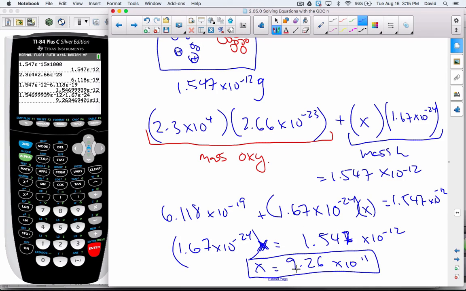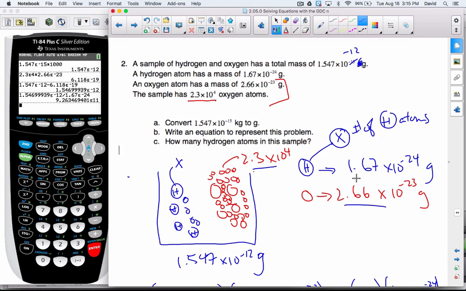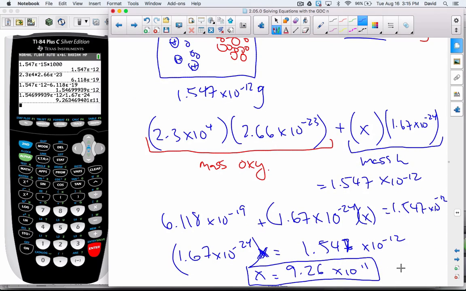So there's like 9 million billion, a big number, a lot of hydrogen atoms. Are we going to have a lot of hydrogen atoms times this little weight to get this amount? I think that makes sense. It's reasonable that it should be a big number. Oxygen atoms is a big number too. Okay, so there is our solution.